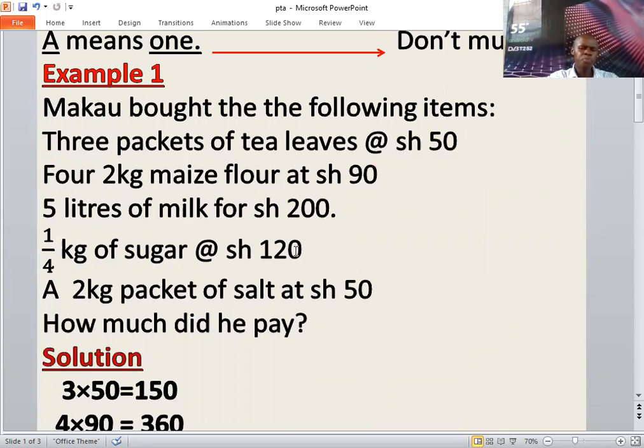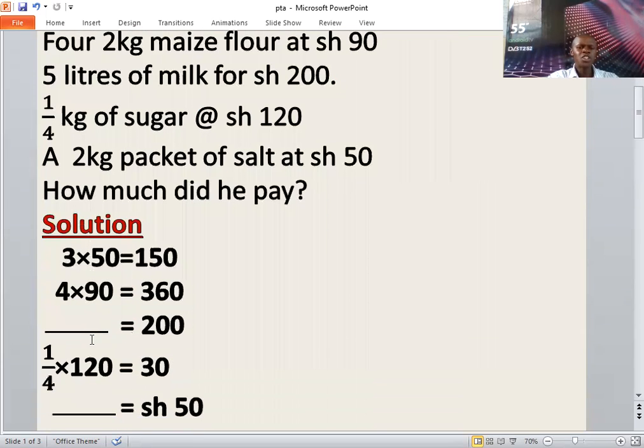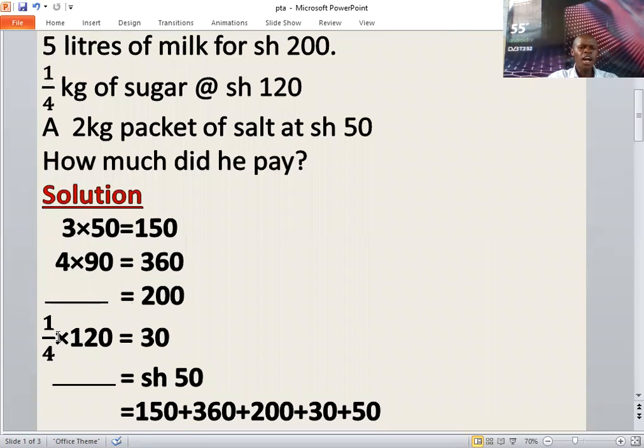But what was bought? A quarter. Therefore, we shall take a quarter times 120. Therefore, the answer becomes 30 shillings. A quarter goes into 120 30 times when you do the simplification.